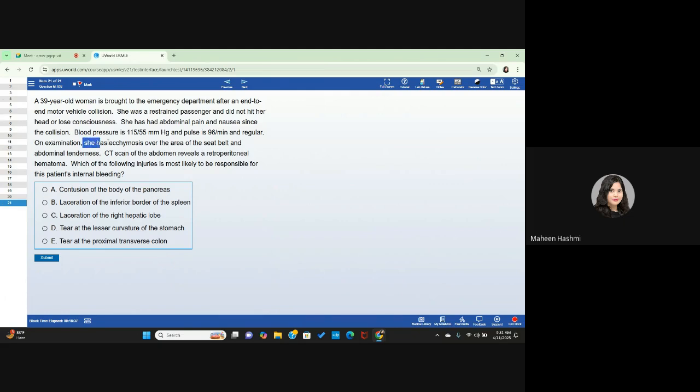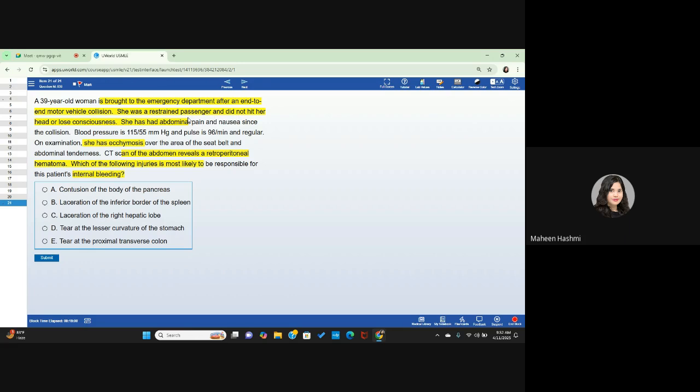On examination, she has ecchymosis over the area of the seatbelt and abdominal tenderness. CT scan of the abdomen reveals a retroperitoneal hematoma. Which of the following injuries is most likely to be responsible for the patient's internal bleeding? So we have a woman brought to the ED after a rear-end motor vehicle collision. She was a restrained passenger and did not hit her head or lose consciousness.